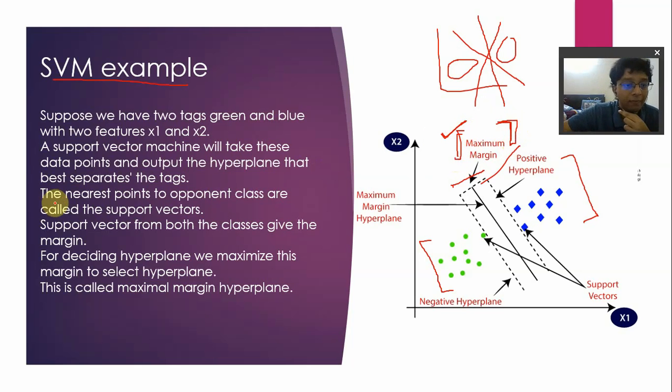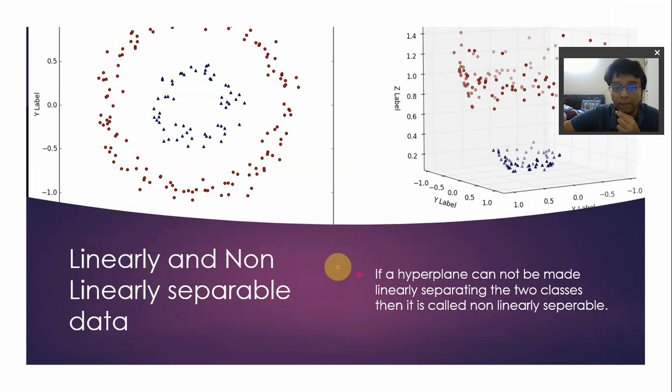Now, let's move forward. The nearest points to the opponent class, as I said, are called support vectors. Support vectors from both the classes give the margin. For deciding the hyperplane, we maximize this margin to select a hyperplane. This is called the maximal margin hyperplane. This maximal margin hyperplane is the one we use for classification.